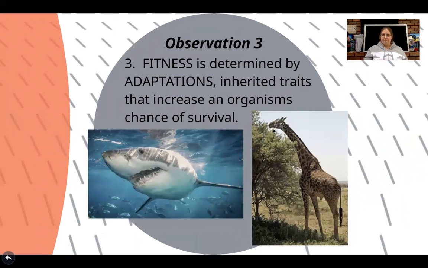Observation 3, fitness is determined by adaptations. These are inherited traits that increase an organism's chances of survival. So here we have the shark again. The adaptations that make it such a great organism, such a highly successful, high fitness organism in the ocean, is the fact that it's very streamlined, so it has less drag.